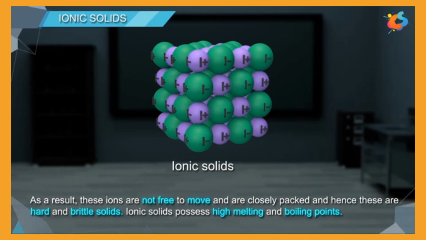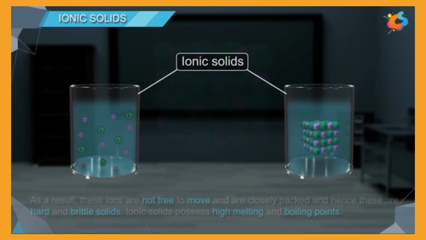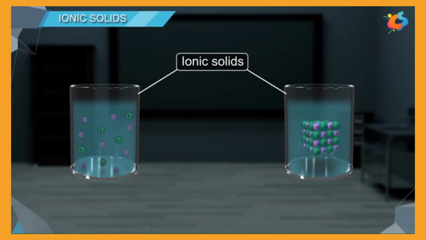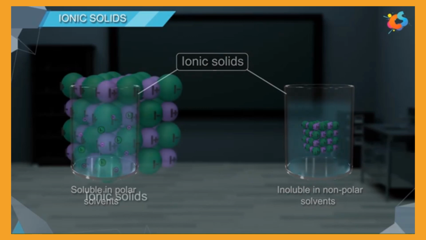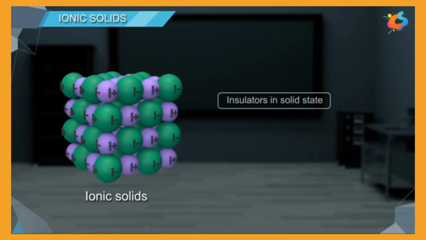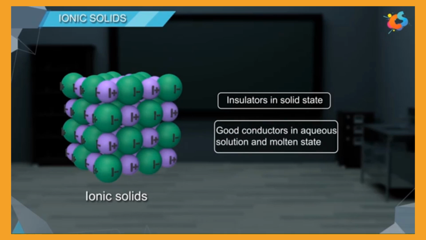Ionic solids possess high melting and boiling points. Being ionic in nature, these solids are soluble in polar solvents like water, but insoluble in nonpolar solvents like ether. Ionic solids act as insulators in the solid state, but in aqueous solutions or in the molten state, they act as very good conductors of electricity.